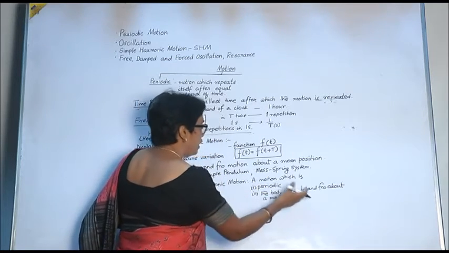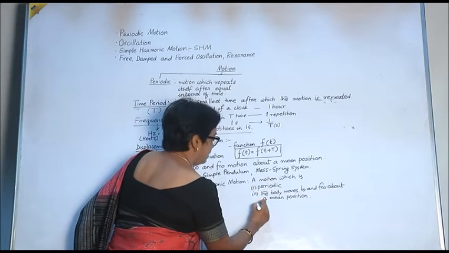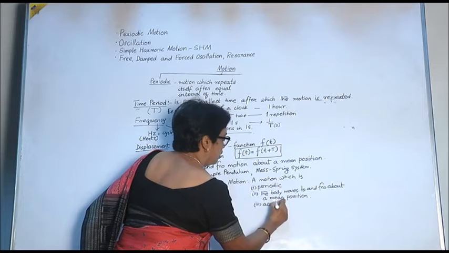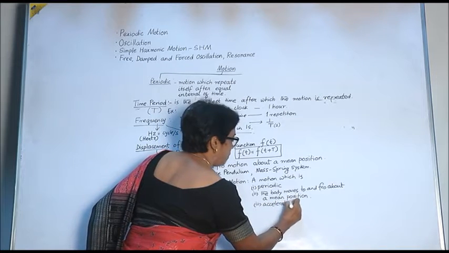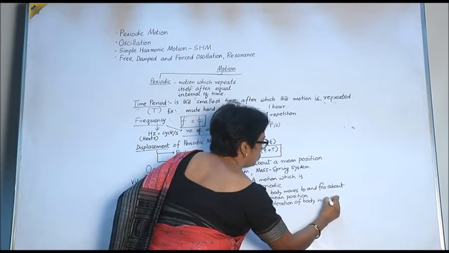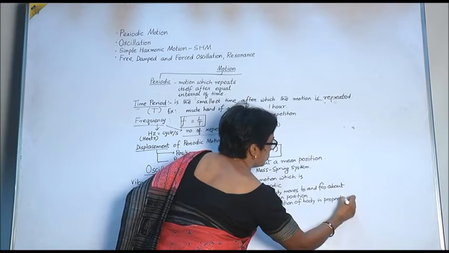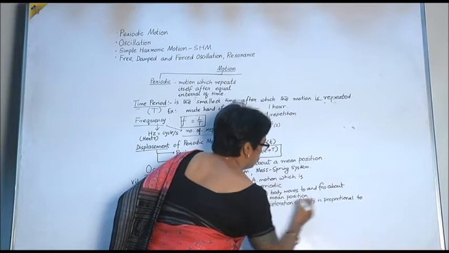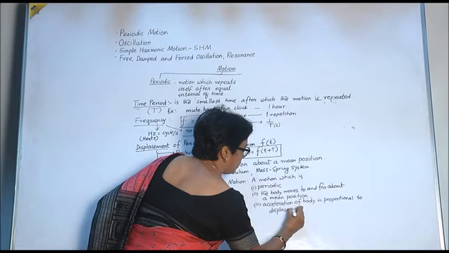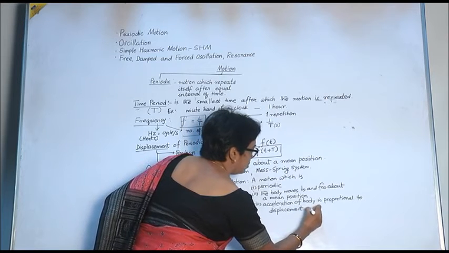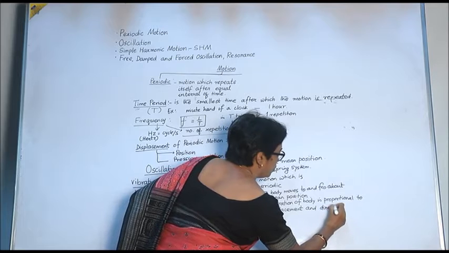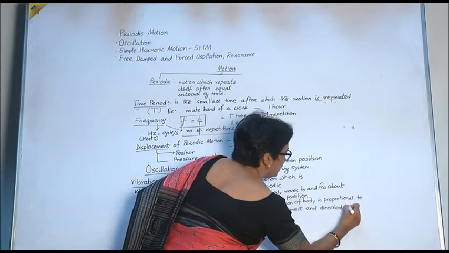The body moves to and fro means it is oscillatory, and the third thing is that the acceleration of the body is proportional to displacement, and directed, the direction is also important, directed towards the mean position.